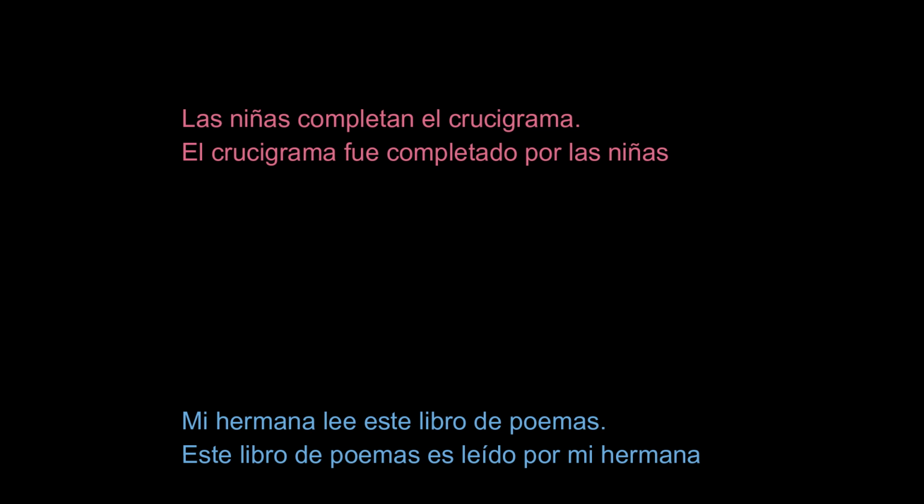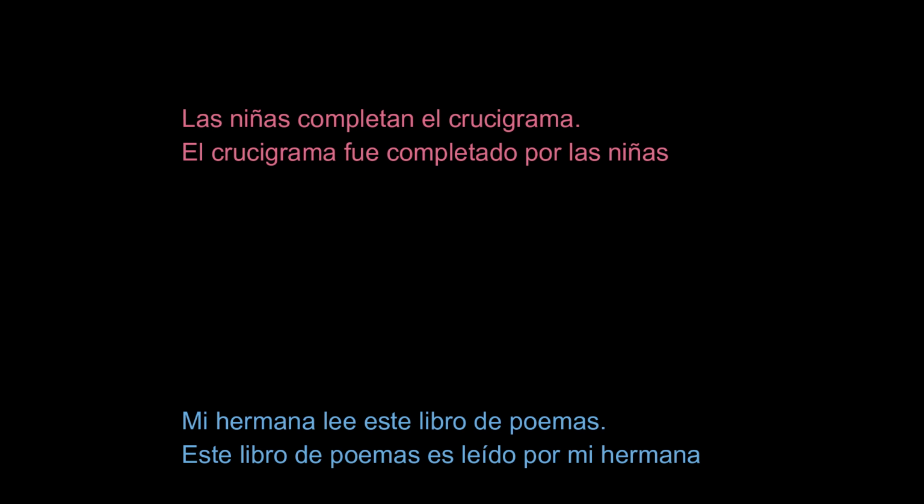Next one, mi hermana lee este libro de poemas, which means that my sister is reading the poetry book. Este libro de poemas es leído por mi hermana is the passive form. Again, the poemas in the active form was the object, which becomes the subject in the passive form.